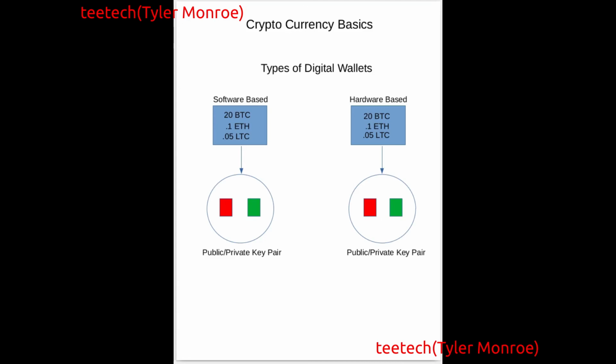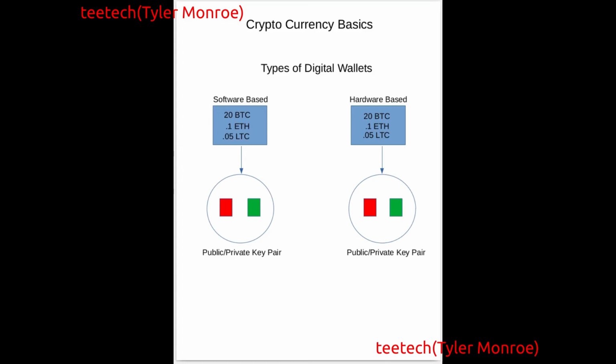A hardware-based wallet is actually something called an ASIC, an application-specific integrated circuit. It's essentially a miniature computer that all it does is store crypto. It cannot run userland applications like Firefox. It can't open sockets or anything like that. So it's called a cold wallet because there's an actual air gap where it cannot connect to the internet itself.